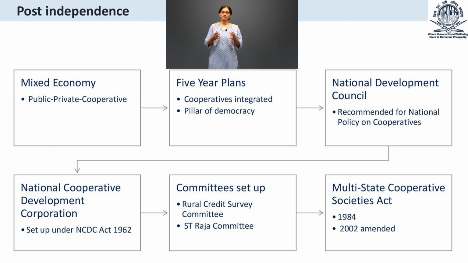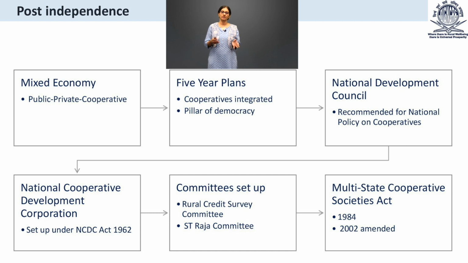There were also different committees that had been set up for cooperatives. There was a Rural Credit Survey Committee which was set up in 1954, and it recommended state participation in cooperatives at all levels. There was the S.T. Raja Committee, which was appointed by the Government of India to suggest amendments to the cooperative law.